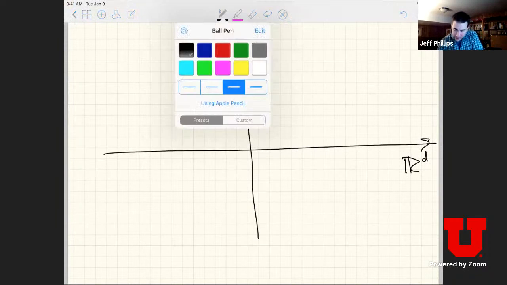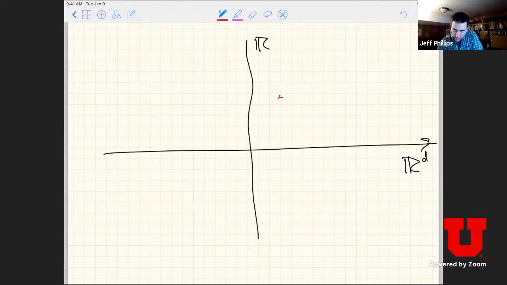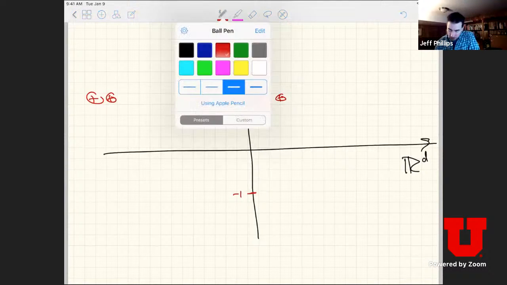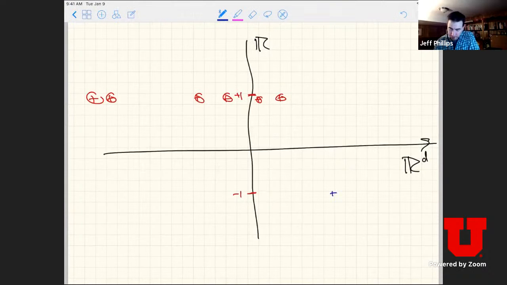So we're going to have the values +1 and -1, with a bunch of points where the pluses are up here, and other points where the minuses are down, all having these values.